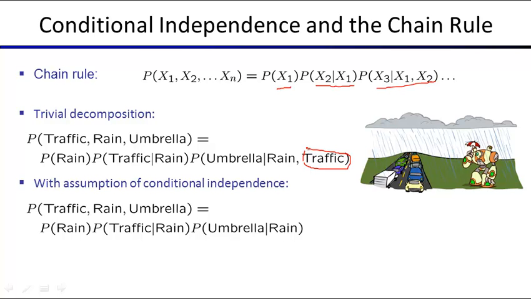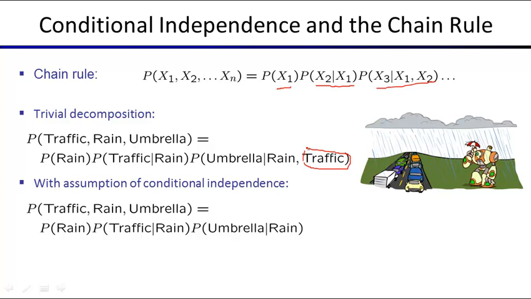Why do we like this type of simplification? If you start counting how many entries these conditional probability tables have, the fewer variables you condition on, the smaller these conditional probability tables will be. And so if we can use the chain rule and get rid of a lot of things we condition on by making conditional independence assumptions, we can represent the original distribution as a product of distributions, where each distribution participating in the product might have a relatively small table to represent it.